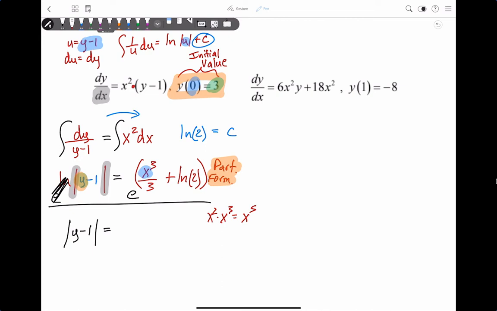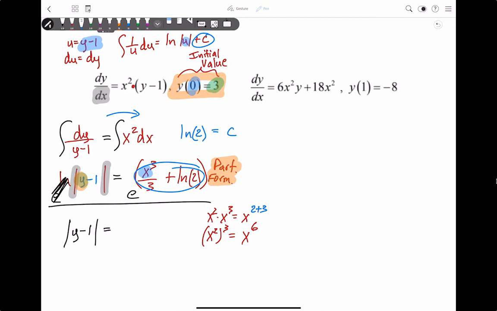Now, if I'm looking at x squared raised to the 3rd power, again, just quick review, then we know a power raised to a power, we would multiply. So what we're going to do is we're going to take something that kind of looks like this, and we're going to go backwards to create 2 separate pieces. Because technically, x to the 5th is x to the 2 plus 3. And that's what we see here.